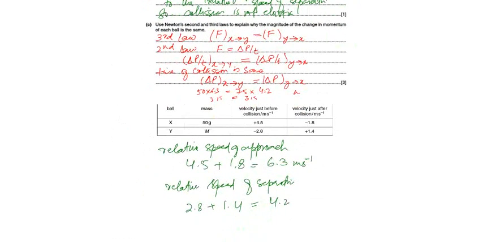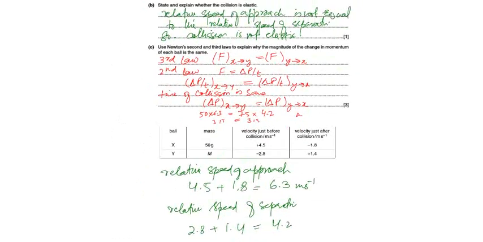Adding the speeds, 4.5 plus 1.8 is the relative speed of approach, which is 6.3 meters per second, and the relative speed of separation is 2.8 plus 1.4, since they are separating, so we add, which is 4.2. As we can see, 6.3 is not equal to 4.2. So the relative speed of approach is not equal to the relative speed of separation, so the collision is not elastic.